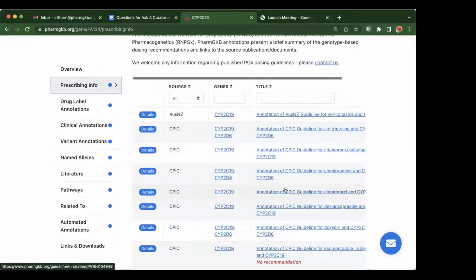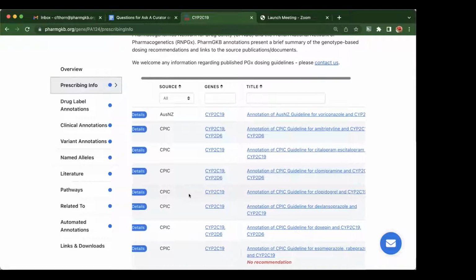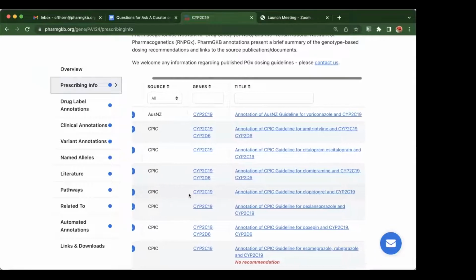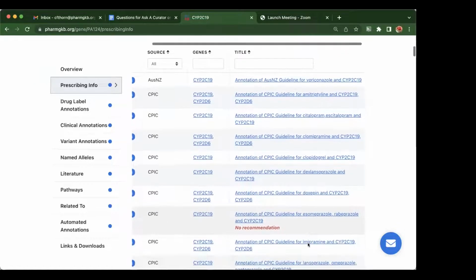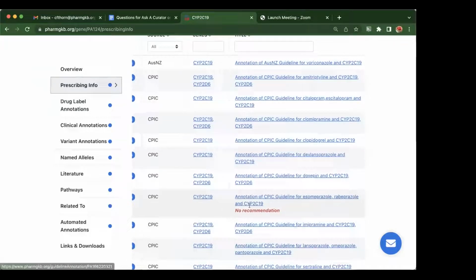So we've got what the source of the guideline is here, and we've got all our CPIC ones. There's a lot that involve 2C19, and for each different drug it shows here when you've got a drug that there's no recommendation.